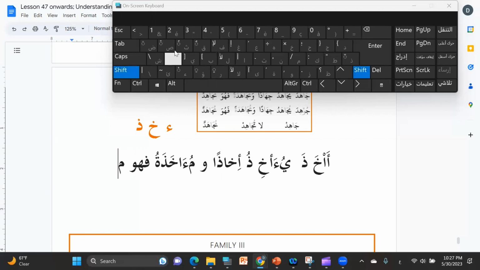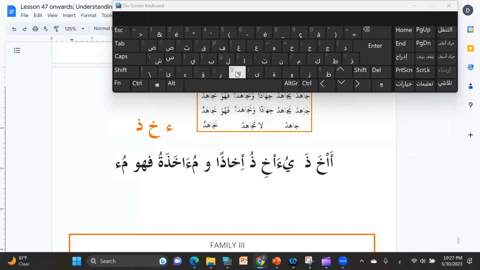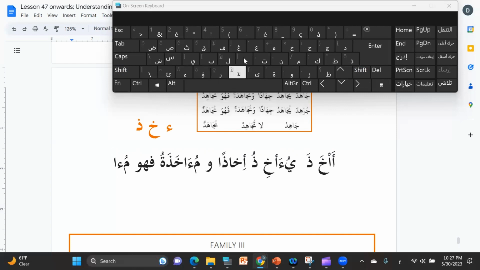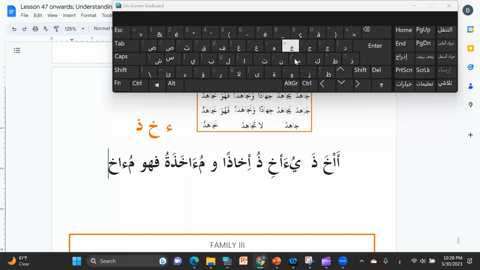So mim again from the pattern, and then fa kalma, which is Hamza, and then alif from the pattern, and then ain kalma, which is kha. In the mufa'ilun ism fa'il pattern, ain kalma always has kasra. Mu'akhizun.